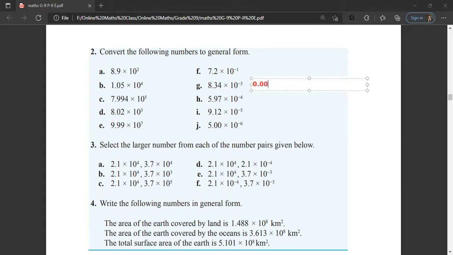Next one. 0.000597. Yes, good. 0.000597. Good. Next one. 0.00000912. Yes, 912. Very good. 0.0000, fourth decimal places, and the fifth one is 9. Good. Next one.